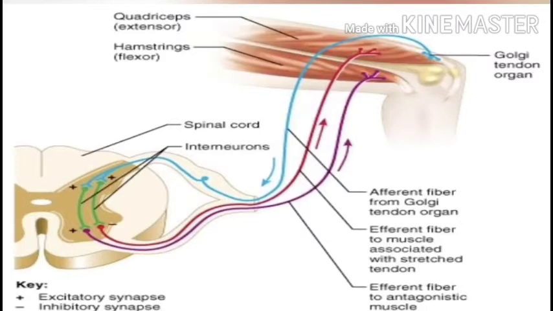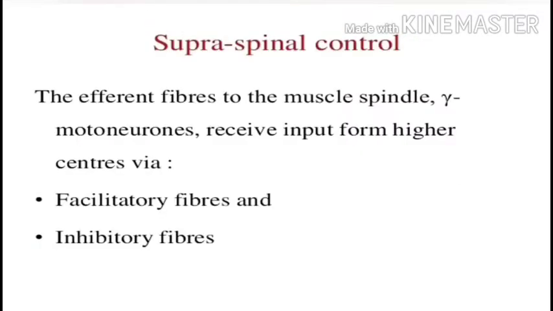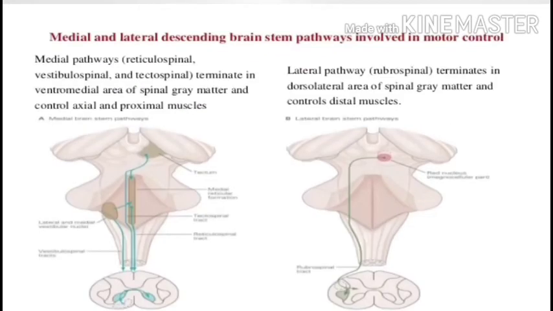Now we come to the supraspinal control of muscle tone. There are some facilitatory areas and some inhibitory areas. We have learnt about different tracts in the medial motor pathway and the lateral motor pathway. Now we will see how the different pathways influence the tone of the muscle.